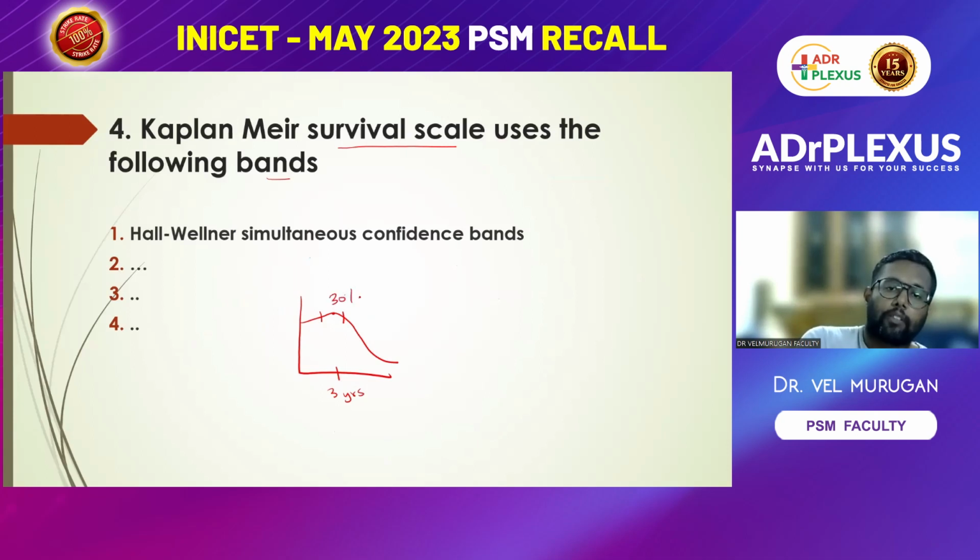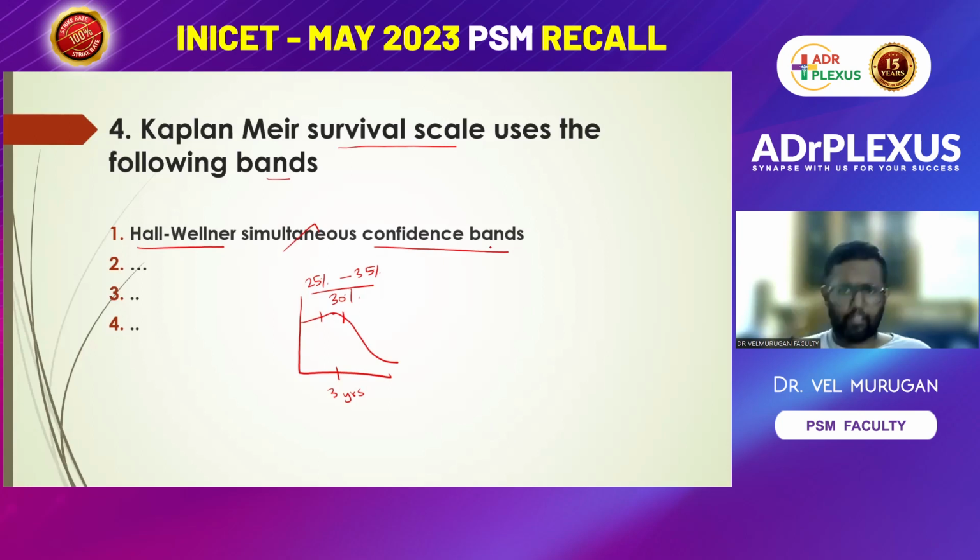It can be 30%, and the confidence interval will be like 25 to 35. Now they are using the band to define it. What is the band? It is called the Hall-Wellner simultaneous confidence band. Just know only the single name, the Hall-Wellner simultaneous confidence bands.